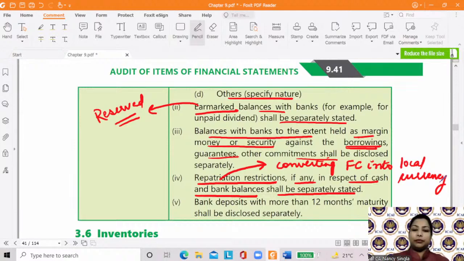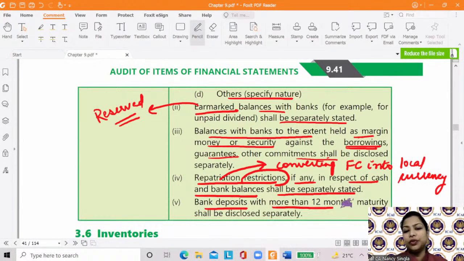The foreign currency account, it may have a restriction that itna minimum balance is to be maintained or anything like that. So if any such repatriation restriction is there, that is when you are converting your foreign currency into local currency, then if any restriction is there, that is to be stated separately.